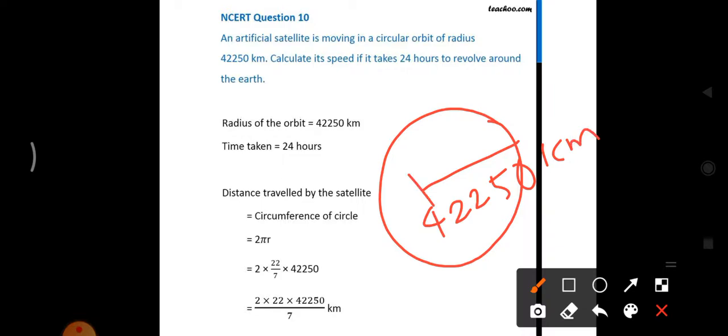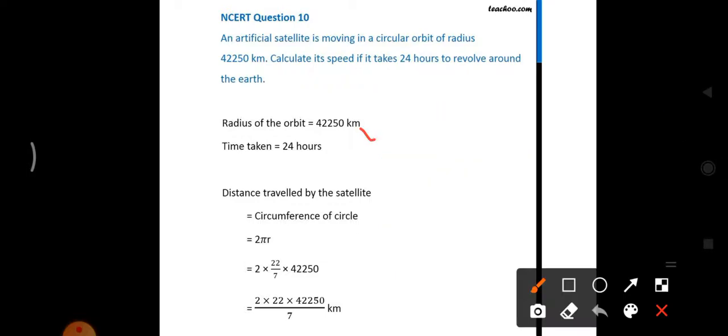Calculate its speed if it takes 24 hours to revolve around the earth. You have to calculate the speed. It takes 24 hours to complete one round.